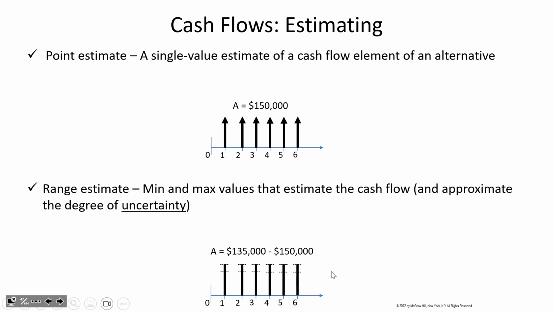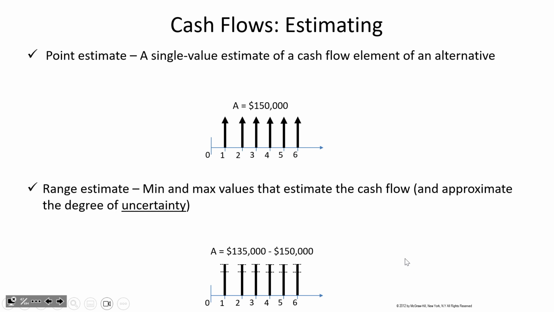Then if we wanted to find the present value equivalent of those future revenues, we would find the present value equivalent if it's on the low end of 135. And then we'd separately calculate the present value equivalent if it's on the high end.